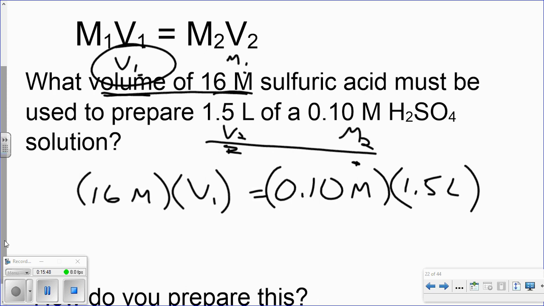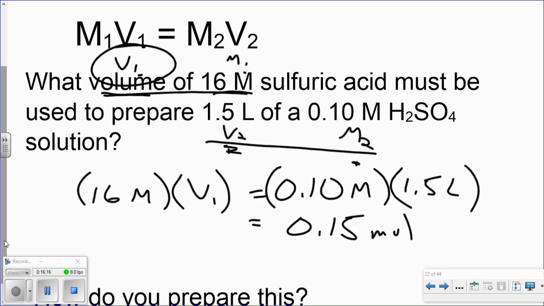Okay. Multiply 1.5 times 0.1, which should be 0.15. So this, let's do it this way. 0.150. Now that's in, well, I'm trying to avoid units, but that's fine. It's moles.